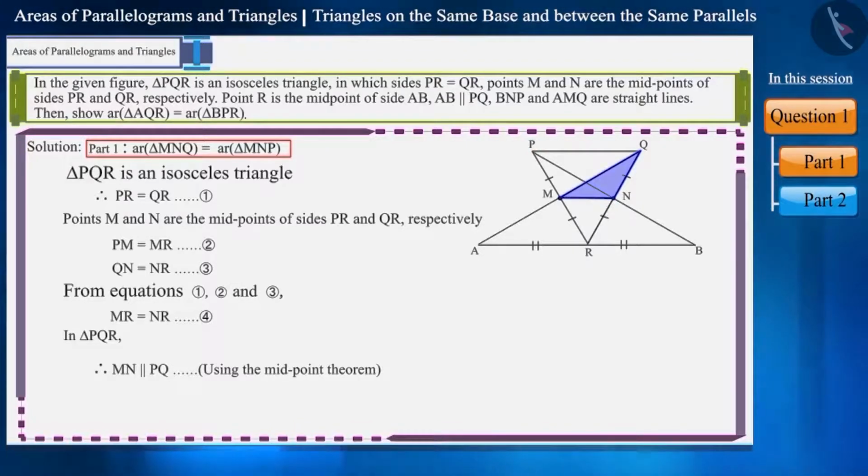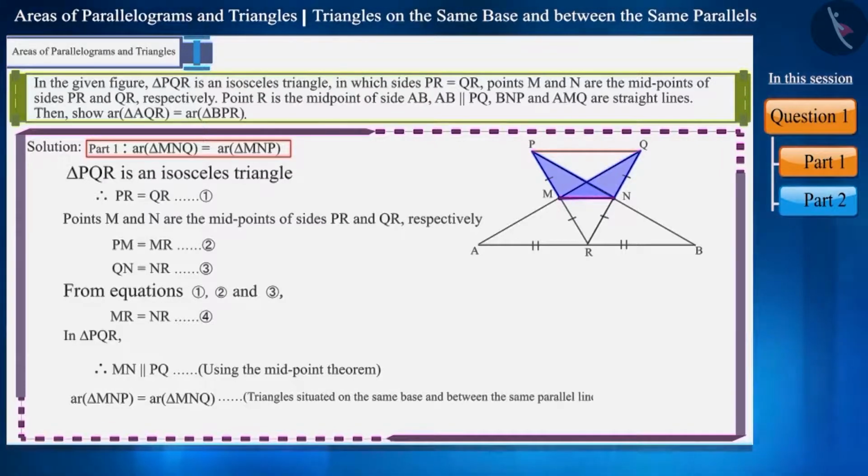Triangle MNQ and triangle MNP have a common base MN and therefore their area will be equal, because we know that triangles situated on the same base and between the same parallel lines have the same area. Let's call this equation 5. And here we have proved the first part of the question.